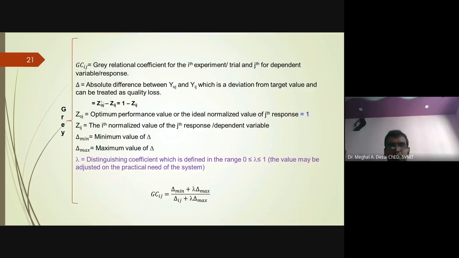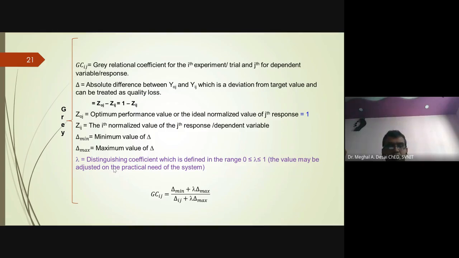Higher signal to noise ratio is always preferred. That means the higher Z value is preferred. Okay, because it will be optimum. So this delta value is nothing but 1 minus Z. Okay. Then as I told you, lambda, it is the distinguishing coefficient.